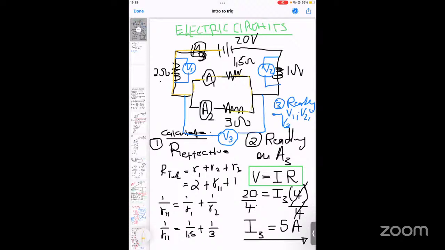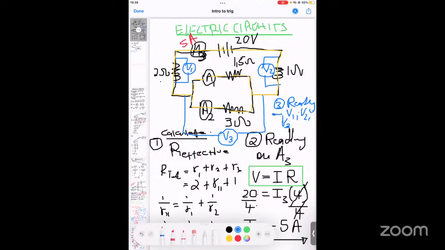So the current is the one we calculated, 5 amperes. Everywhere in solid yellow, it's 5, and it continues as 5 until it gets to the parallel.